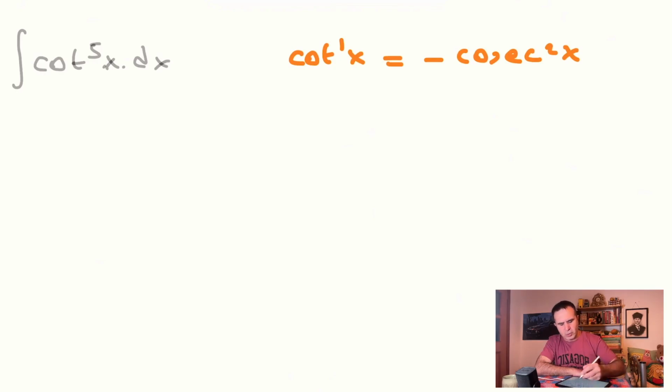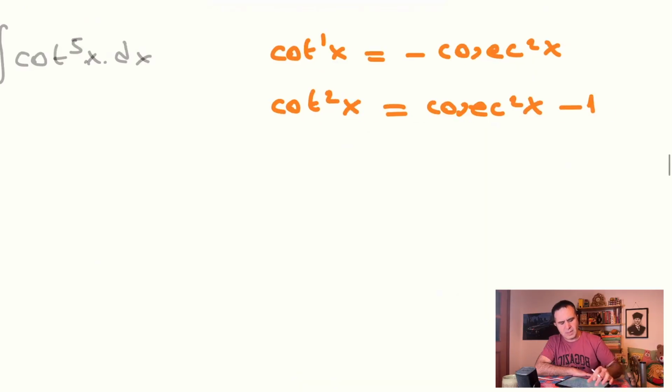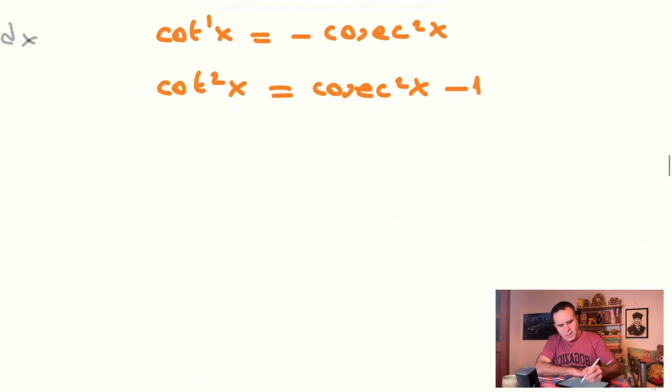And also you should remember that cotangent square of x is equal to cosecant square of x minus 1. If you can't remember this, you should write cotangent square of x as cosine square of x divided by sine square of x.